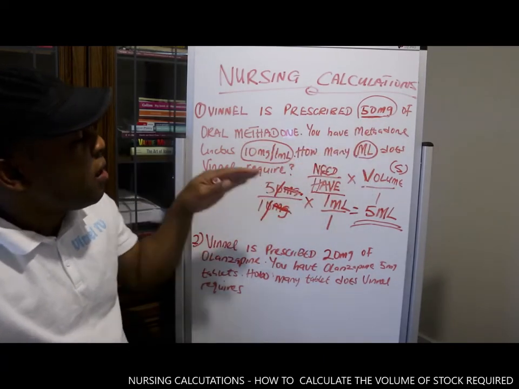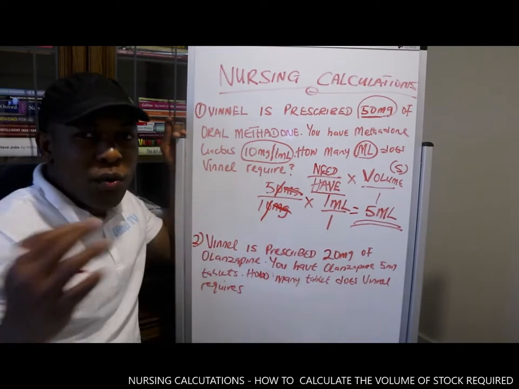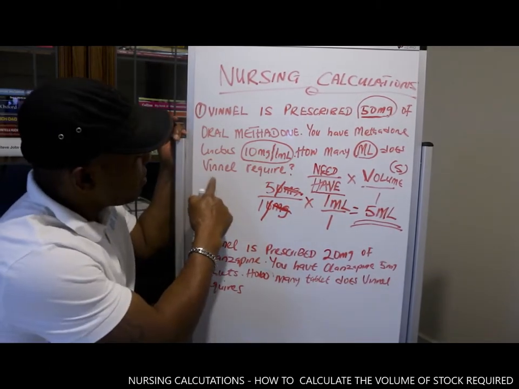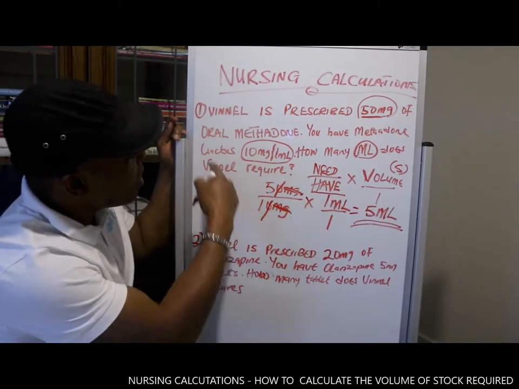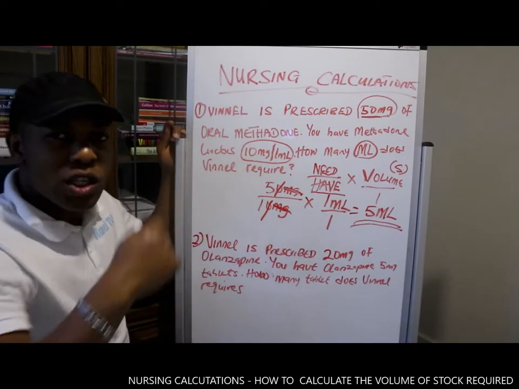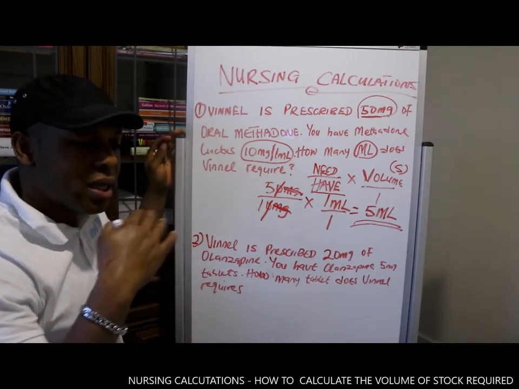If you have 10 milligrams in 1 ml, you know that 10 times 5 is equal to 50. If you want to do it the long way, you can say 10 milligrams equals 1 ml, and you repeat it, 10, 10, 10, 10, until you reach 50. So 10 times 5 is 50.